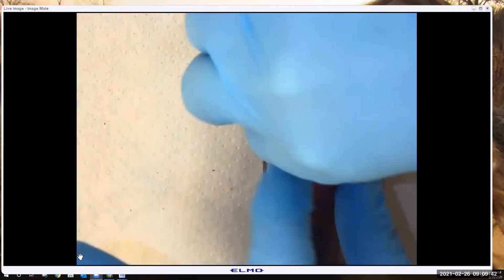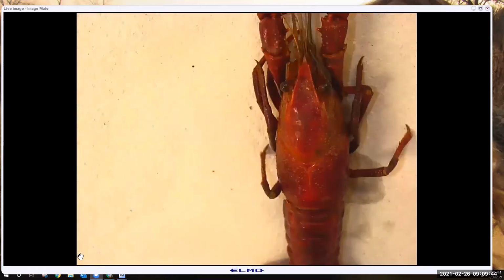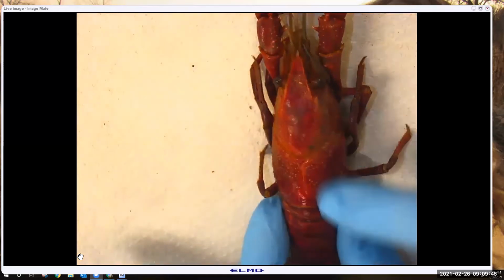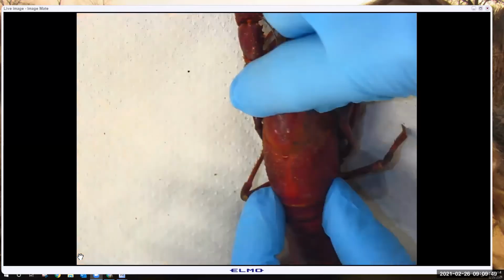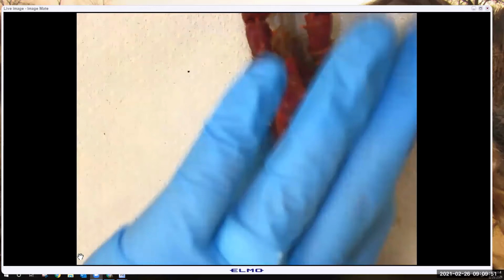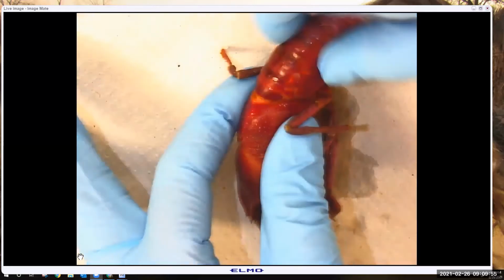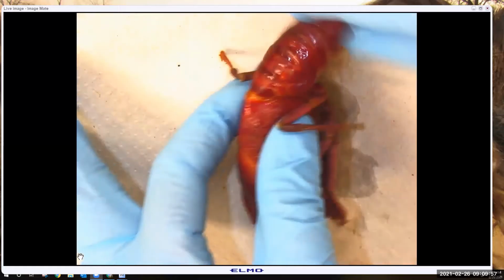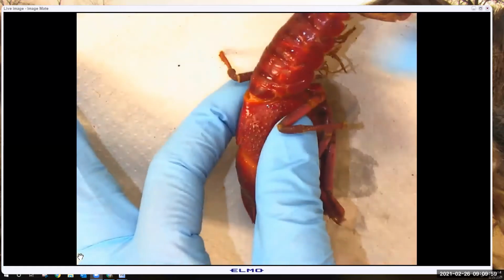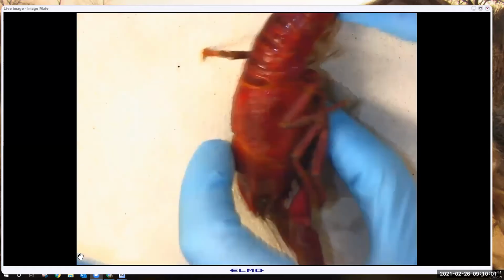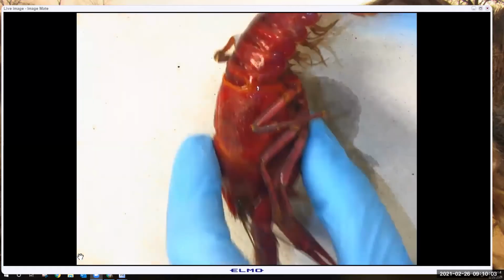So there's no joint or gap here between the exoskeleton. This head is attached to this area right here, so this is one big segment. However, notice here, this is flexible. This can move up and down. So I see 2 segments in this crayfish, and that's it, just 2.